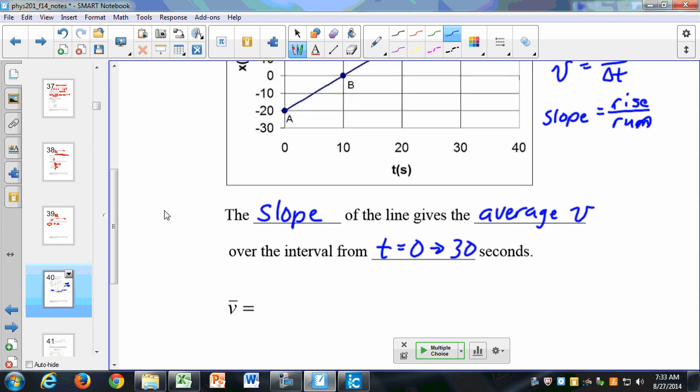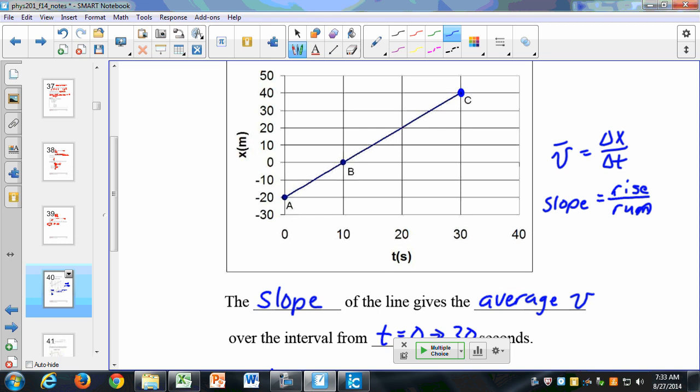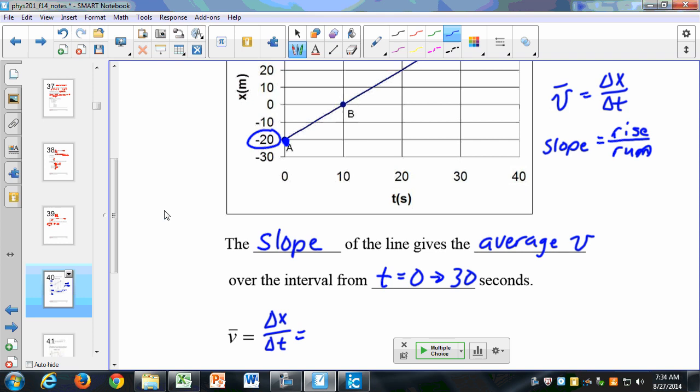So here, if I take that slope, my average velocity is delta x over delta t, which is my slope, rise over run. Going from 0 to 30 seconds, my final position is 40 meters. My initial position is negative 20 meters. So what's my displacement going from negative 20 to 40 meters?